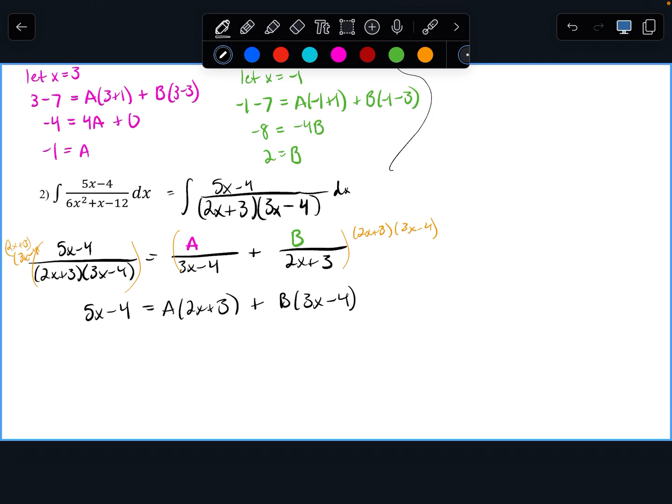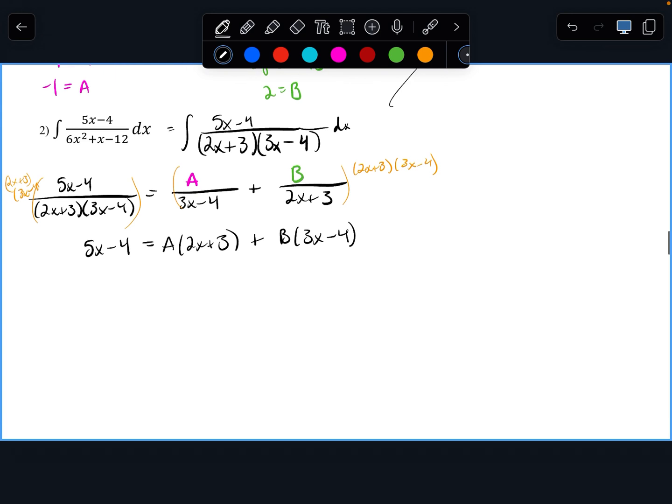Now this part is annoying because it might take a little more brain power to figure out what x should be. Essentially, what value of x would make the B part 0? So it would be 4/3, because if x was 4/3, then it would cancel B out.